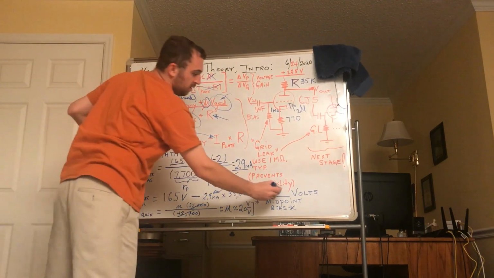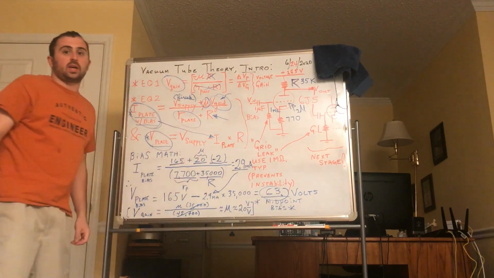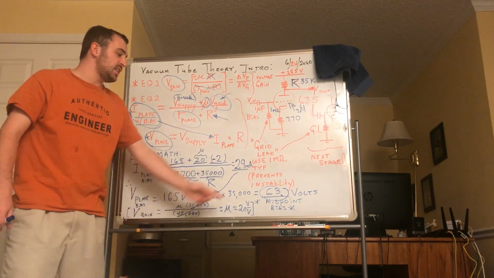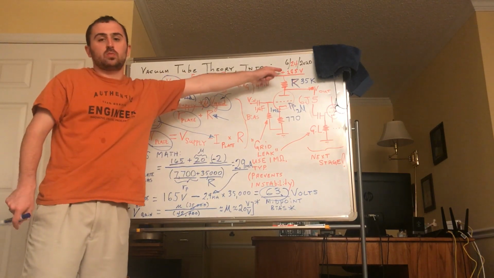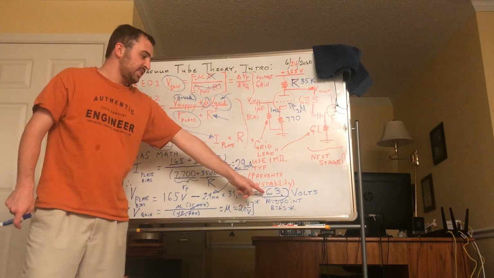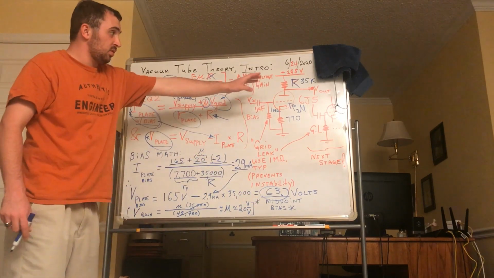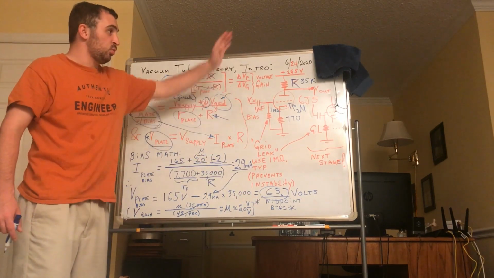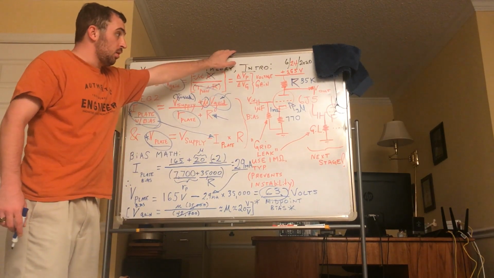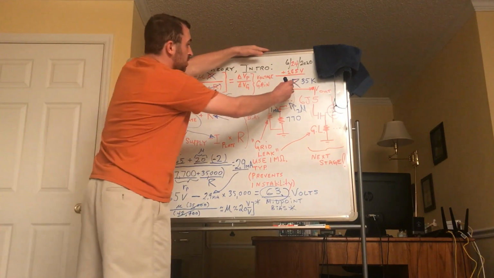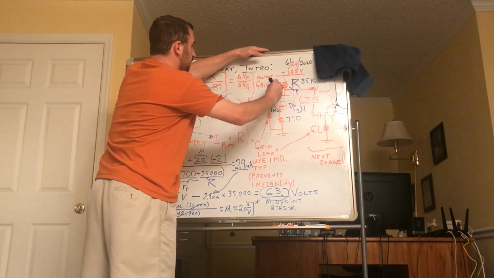This is significant because you want to give it room for voltage swing. It's called midpoint bias. So the ideal bias would be 165 divided by 2, which would be around 80. But we got it to 63. That's pretty good, because what you want is to be able to give this vacuum tube the ability to swing alternating currents in either direction. The ideal bias at VP, and IP conventionally is flowing this way.